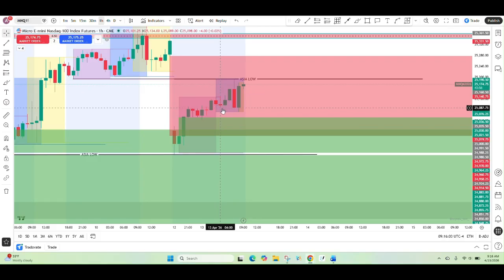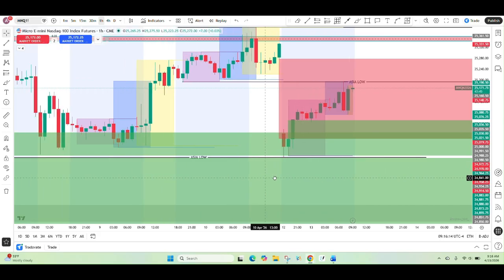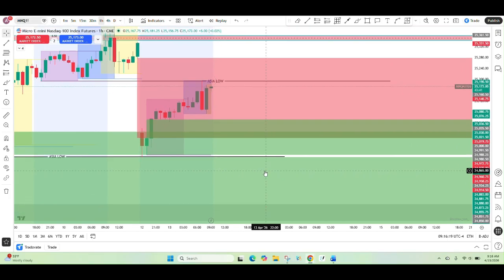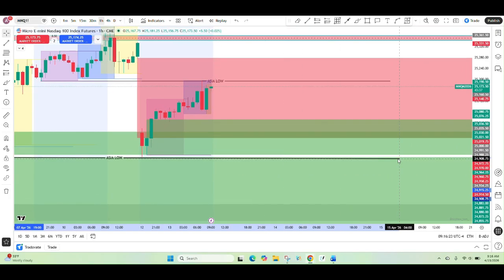Blue is London. So Asia was already taken out, but here's Asia's low. Asia low is okay right there. That's Asia low, same low as before. All right, let me stretch this out too.